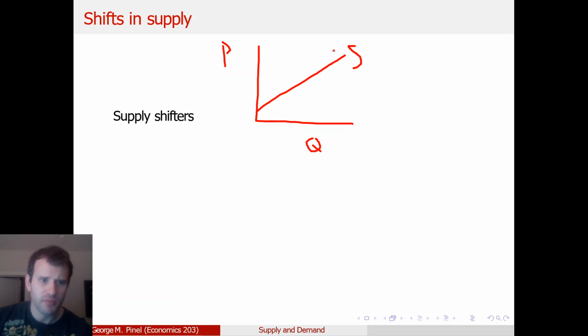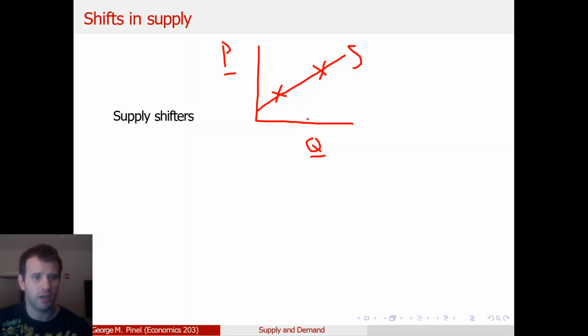All right. So what do I mean by a supply shifter? In a supply shift, are you changing quantity supplied from here to here? No. Just like a demand shift, that's not the case. The reason is supply is a relationship of price and quantity supplied. It's two variables.